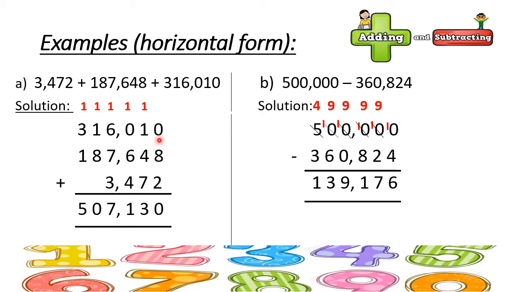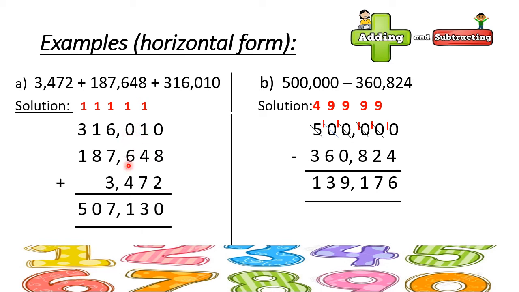For example, in this example, 0, 8 and 2 belong to the ones column, so they should be in one column. 1, 4 and 7 belong to the tens column, so they should be placed in a line to make a column.